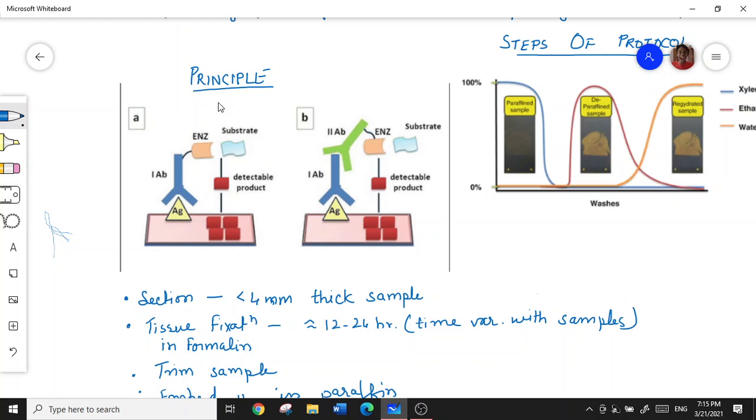This is a direct method in which this first antibody is carrying this enzyme.